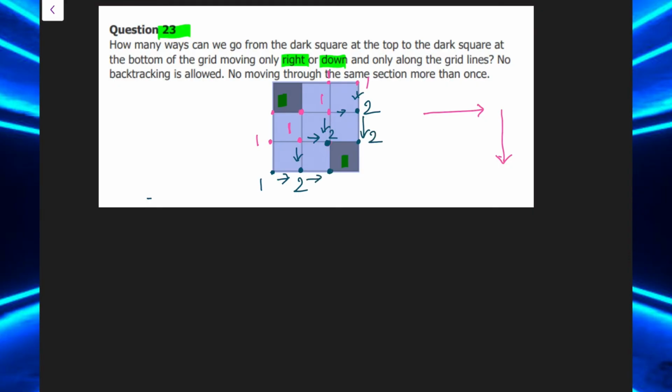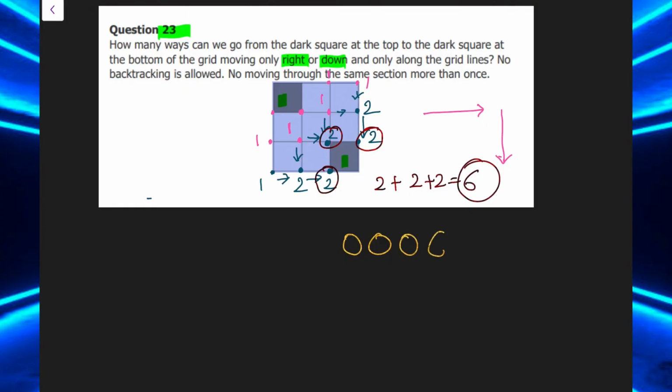And because it's the same square, you could have actually come from here, that's 2 ways. So there are 3 entries to this square. So there are 2 plus 2 plus 2, 6 total ways. So your answer is 0006 for question number 23.